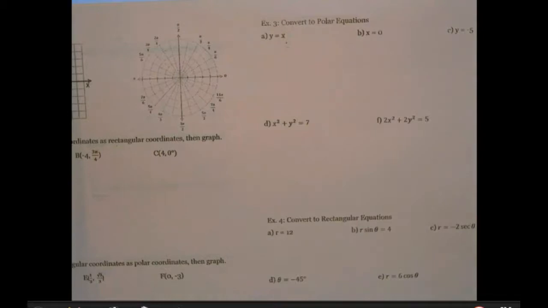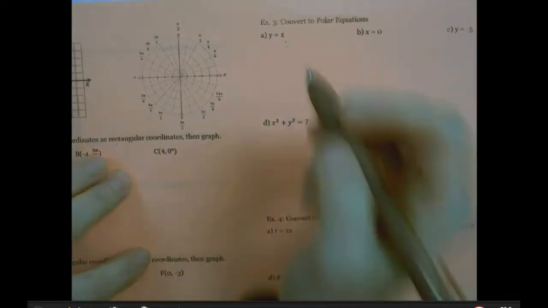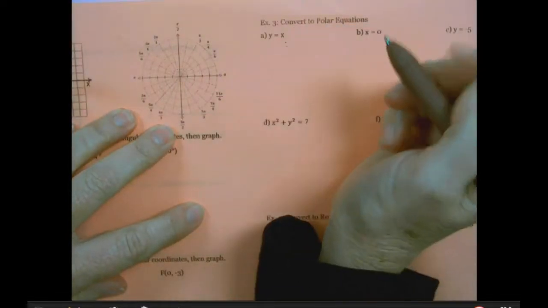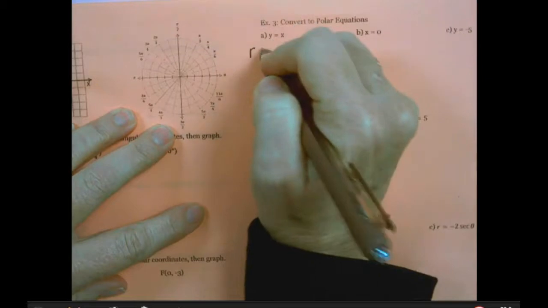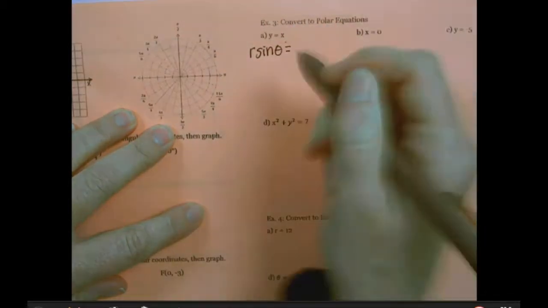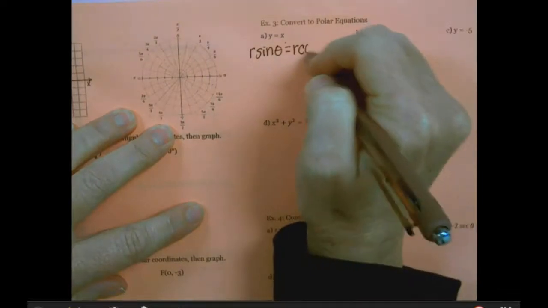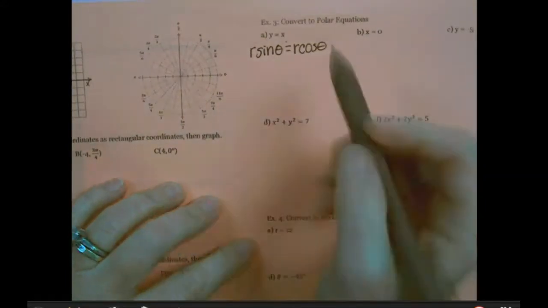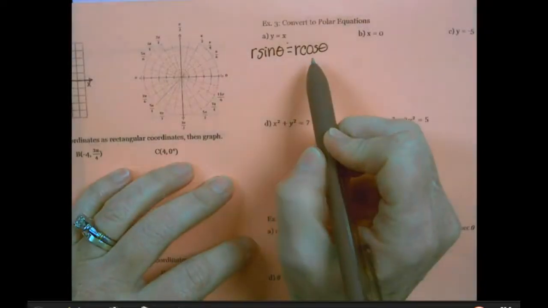So if I take y is r sine theta, and x is r cosine theta. Because I know everything. It's also on the front of your notes that you're writing on.